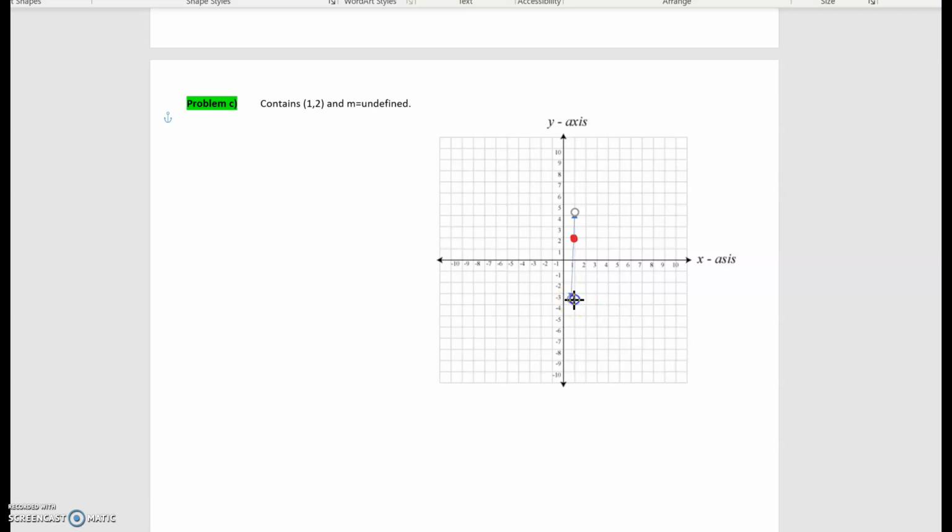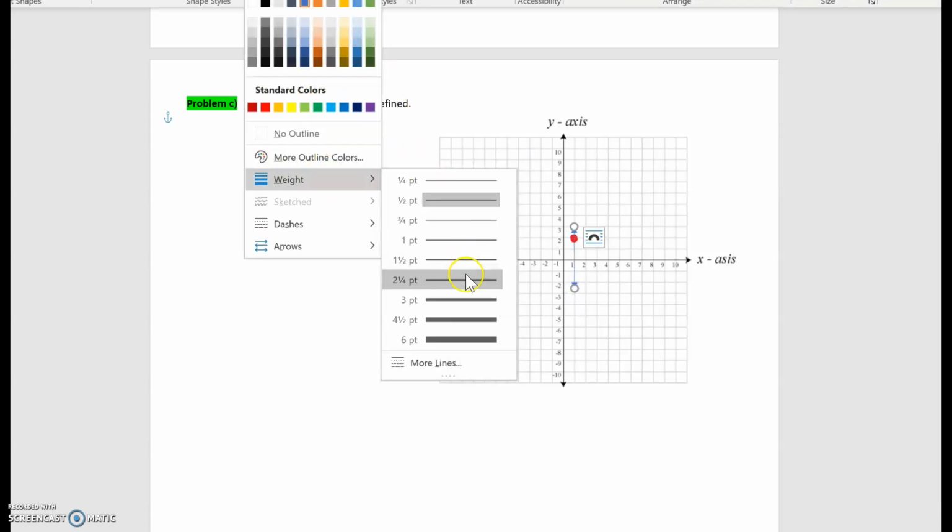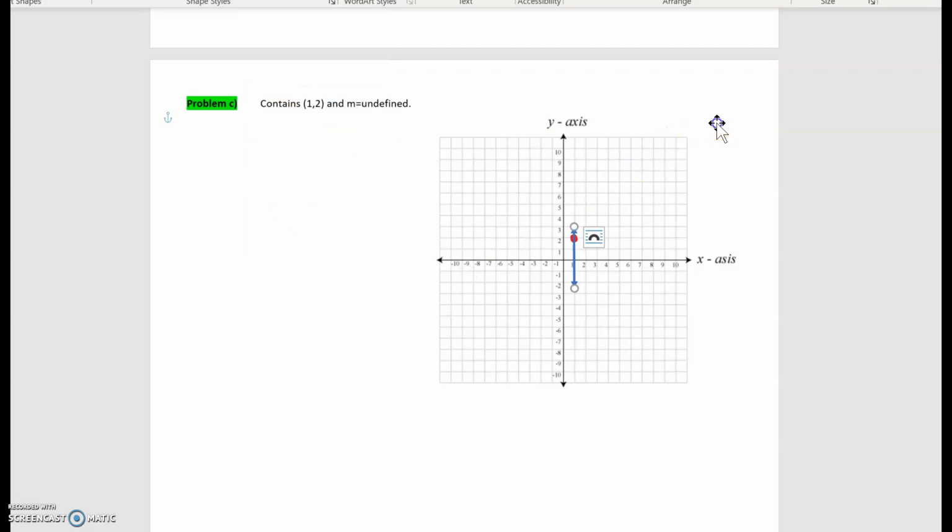It's a little bit crooked, but it's supposed to be a vertical line. Hold on, I think I have to insert it again. There we go. Let me make it a little bit thicker, and that's it.